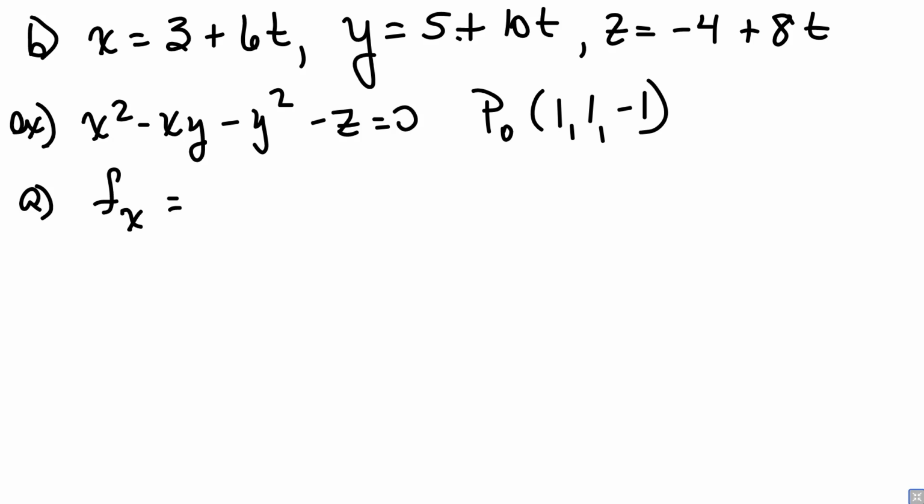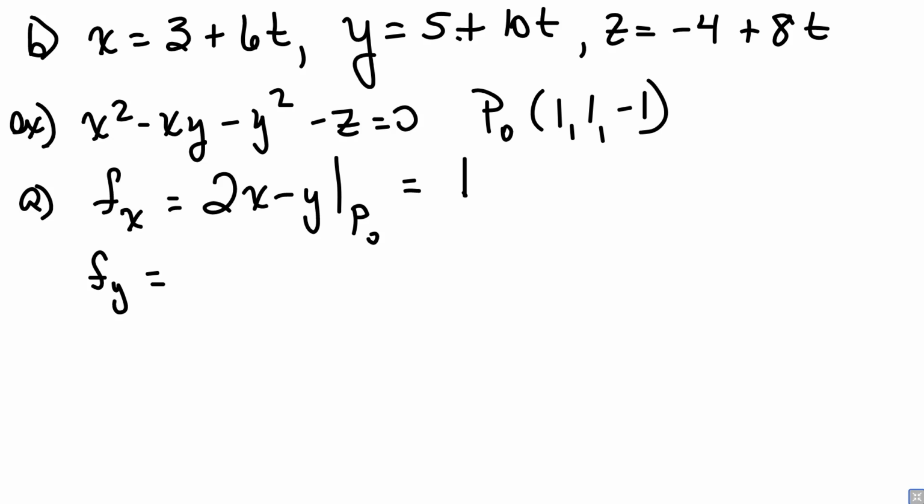All right. So what would the partial of f with respect to x be? We're going to have 2x minus y. And if we evaluate that at P sub 0, what will I get? 1. Okay. So next, let's find the partial with respect to y. All right.